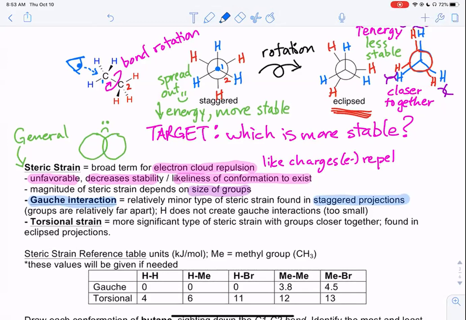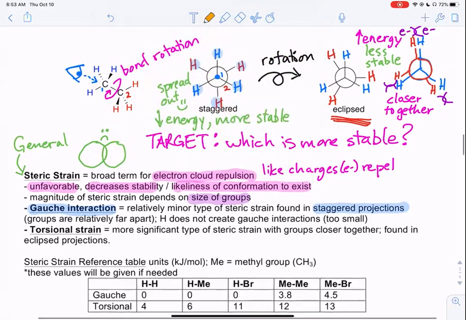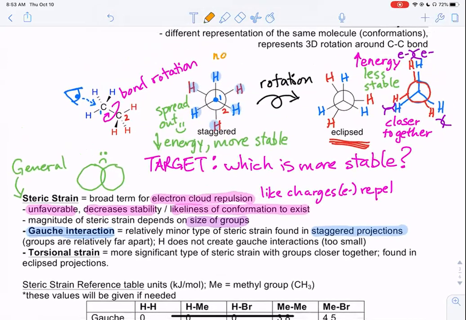In the case of the staggered projection above, we have these little itty bitty hydrogens. They're so small that there are no gauche interactions. So this one has no gauche interactions, and that just means they are not close enough to each other to actually bump into each other, because hydrogen is too small.